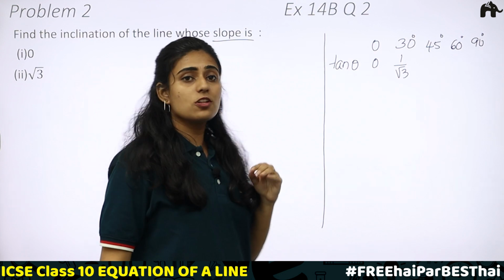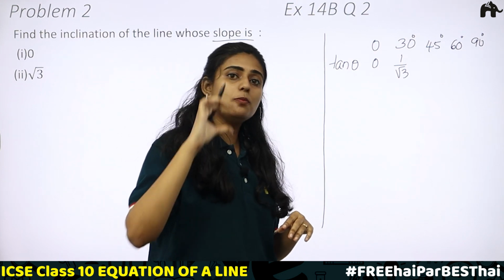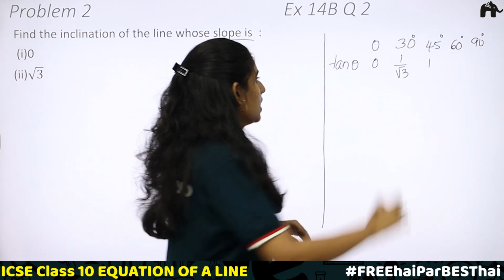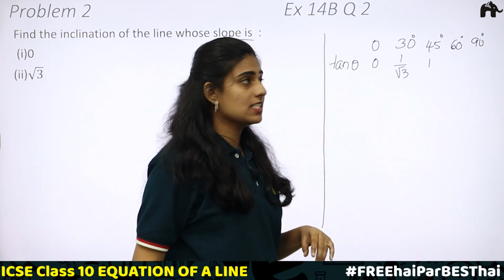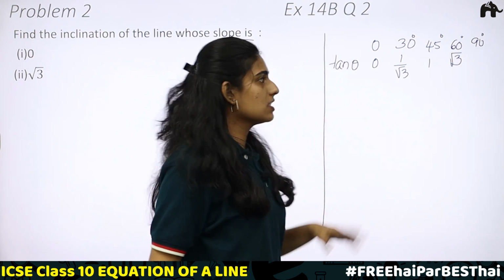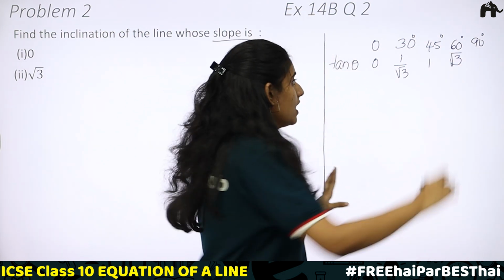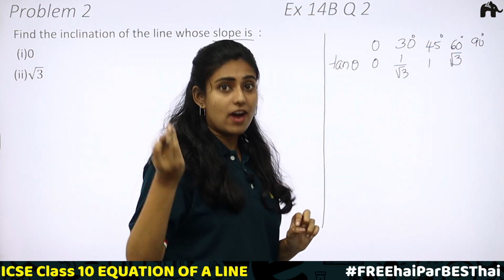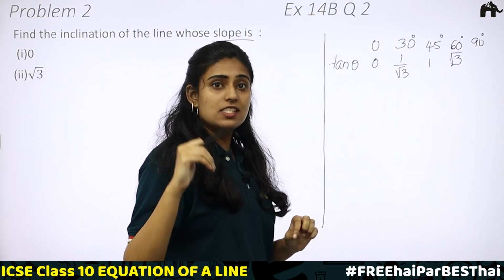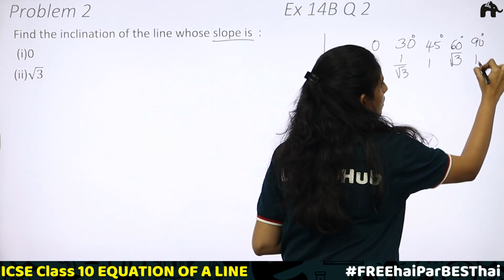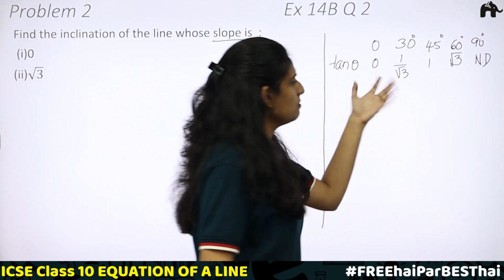Cos 45 is also equal to 1 by root 2. 1 by root 2 divided by 1 by root 2, we get 1 as tan 45 degree. Next, tan 60 degree is root 3. Sin 60 by cos 60, when you do, you get root 3. Now, tan 90 degree. We have sin 90 is 1 and cos 90 is 0. 1 by 0 means it is not defined. Not defined. We got some basic values.